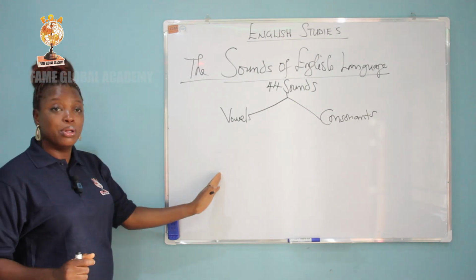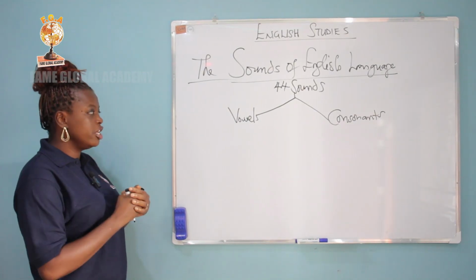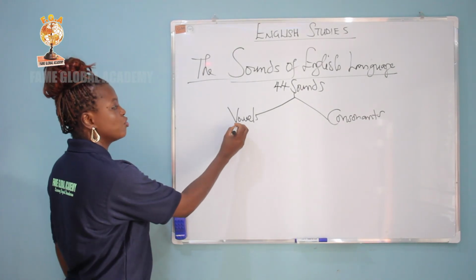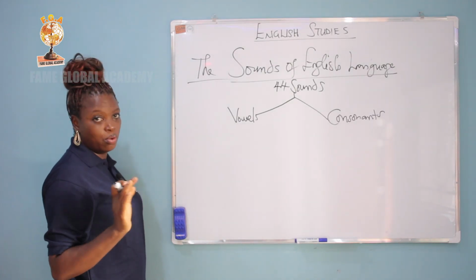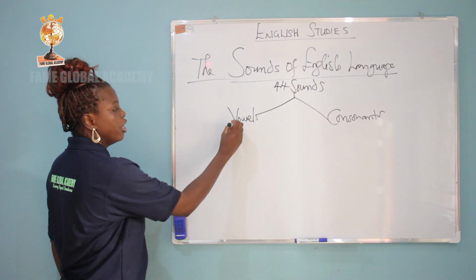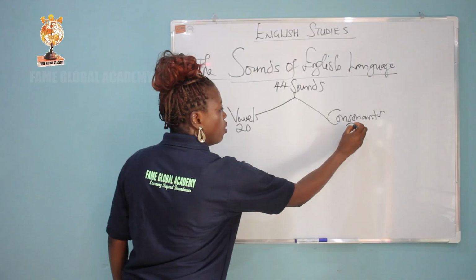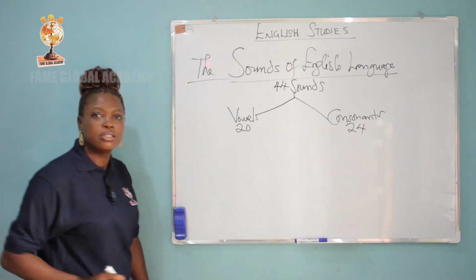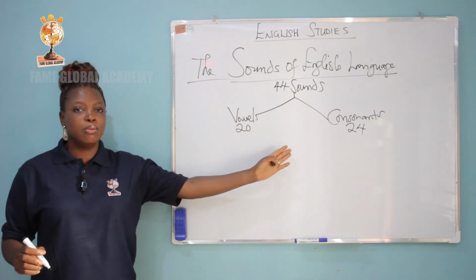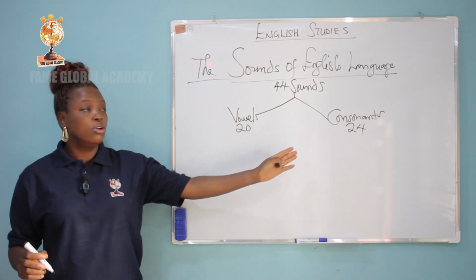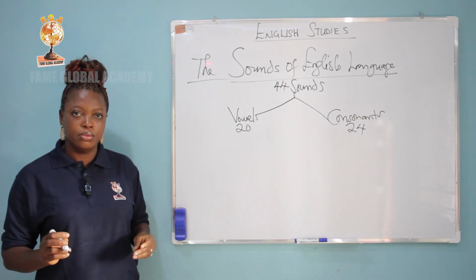Then vowels are further subdivided: here we have 20 vowels in the English language, and then we have 24 consonants. So you sum them up, 20 plus 24, you get 44 sounds in all.